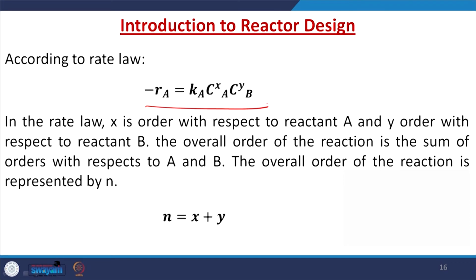In the rate law, x is the order with respect to reactant A and y is the order with respect to reactant B, and the overall order of the reaction is the sum of the orders with respect to A and B. So the overall order of that reaction is represented as n is equal to x plus y.